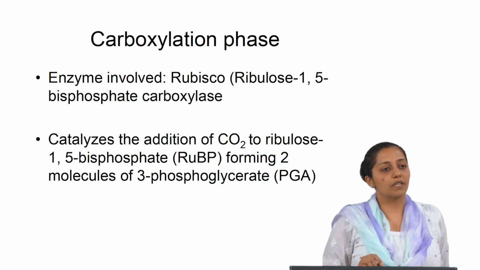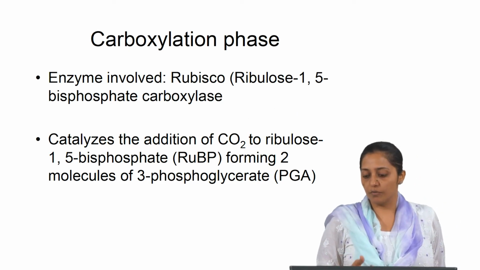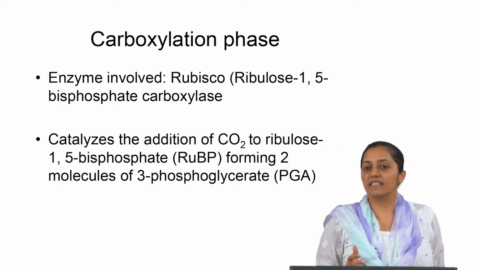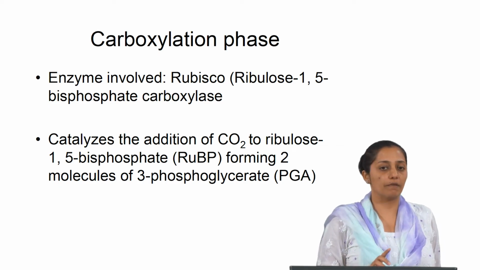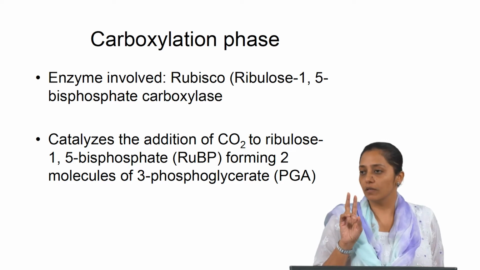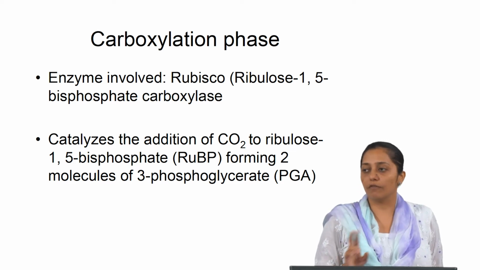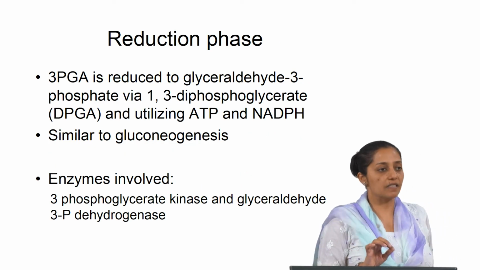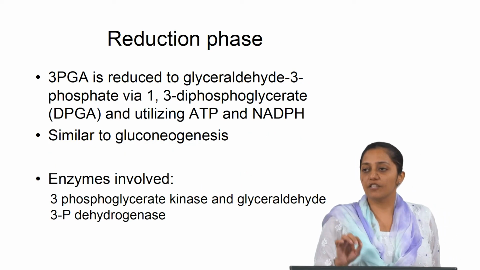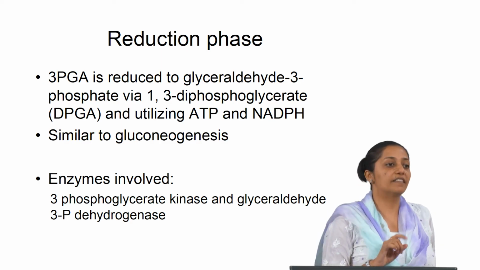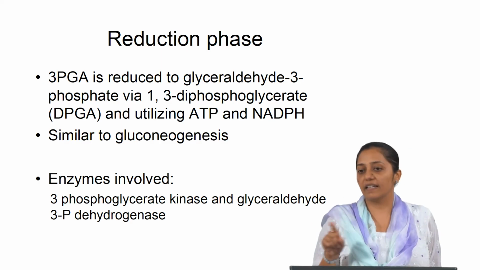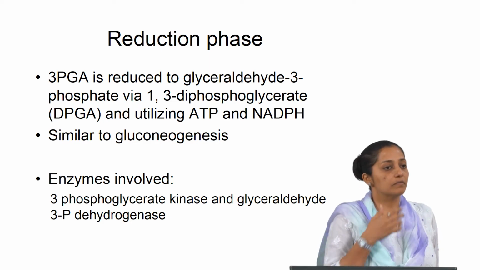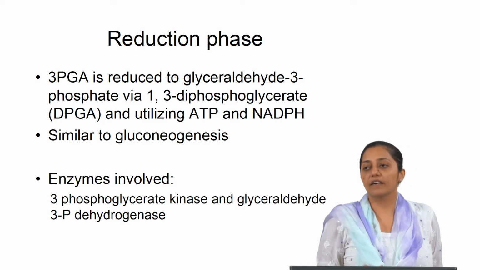So, which enzymes are involved? Rubisco, which is ribulose 1,5-bisphosphate carboxylase. It catalyzes the addition of CO2 to ribulose 1,5-bisphosphate, as I said, forming the first stable 2 molecules of phosphoglyceric acid. Then comes the reduction phase. I discussed that 3-phosphoglyceric acid is reduced to glyceraldehyde 3-phosphate. If you remember, glyceraldehyde 3-phosphate is a part of glycolysis.